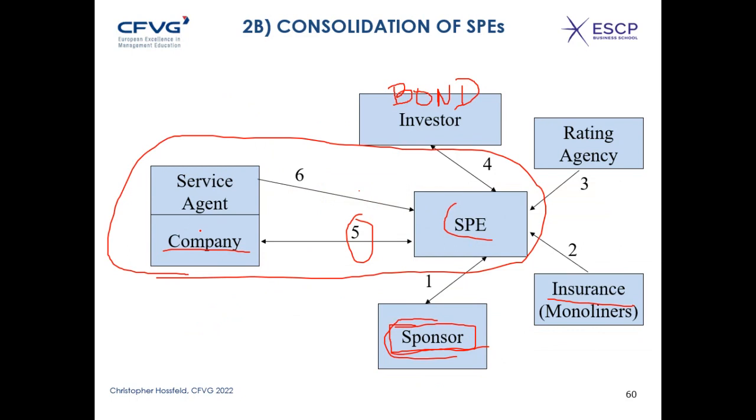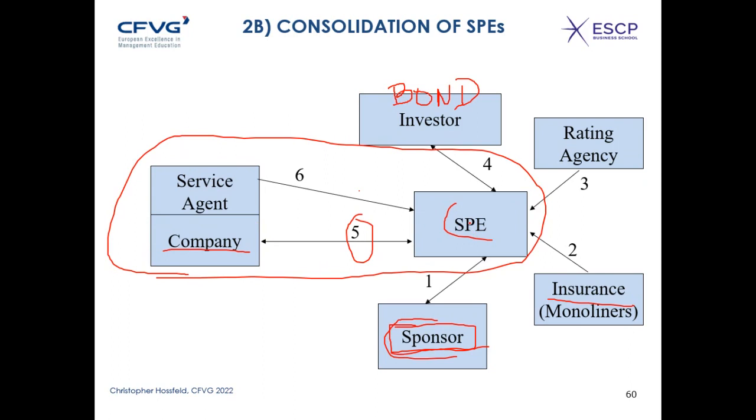Or as an airline company, instead of buying the aircraft myself, I can make an SPE buy the aircraft and rent it to me, but I will still see the aircraft in the consolidated balance sheet, because the SPE is a subsidiary, and all assets of the subsidiaries are in the consolidated balance sheet. So from an accounting perspective, therefore, if this is a consolidated SPE, accounting-wise, it's not working anymore.